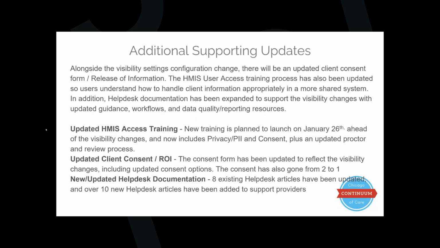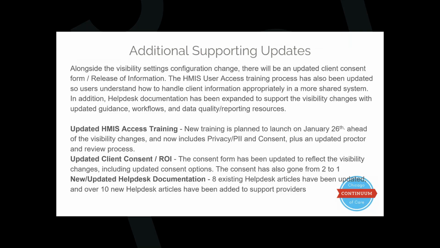So as part of the overall global visibility work and the rollout, there are going to be some additional supporting updates. One thing is an update to the HMIS access training. Users going through training will have a new updated process and new material.